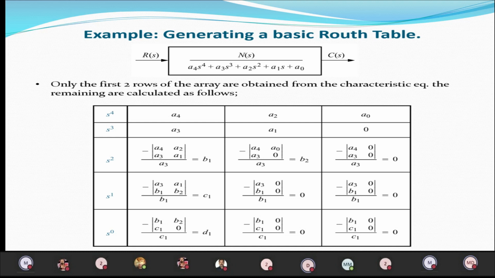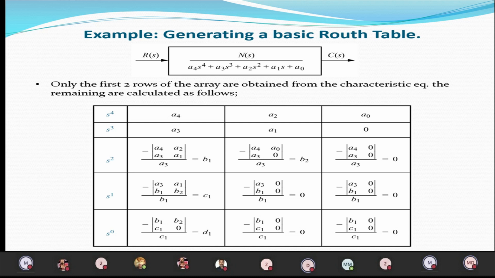Okay, similarly you can determine the next row, that is S power 1. So here you consider the immediate rows above, that is B1 and A3, and B2 and A1, and 0 and 0. Okay, so now if you want to determine this C1 value, you have B1 into A1 and then B2 into A3 divided by B1.